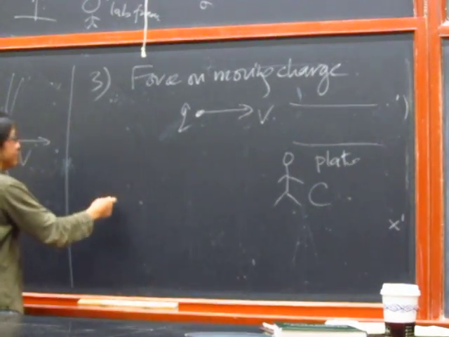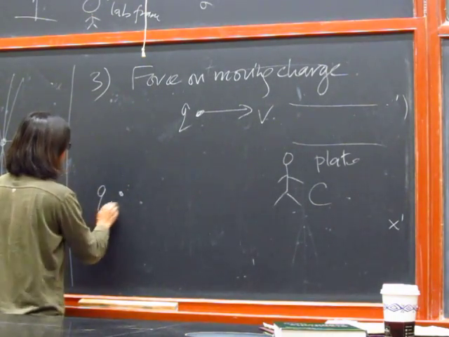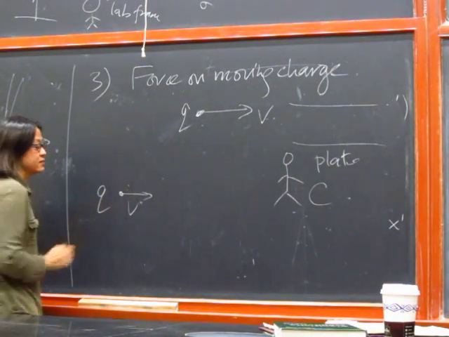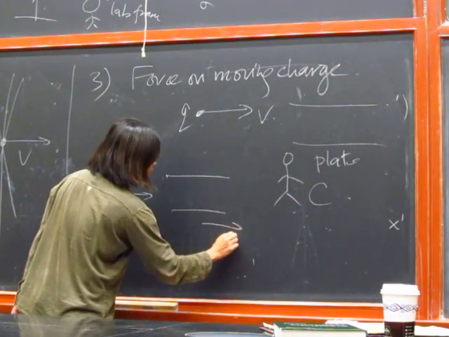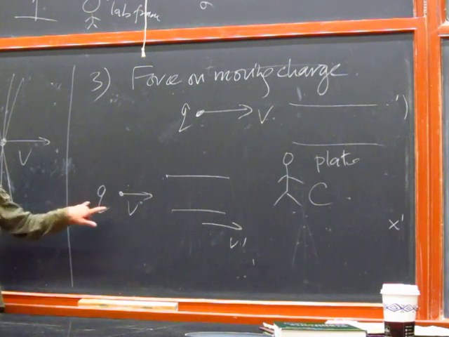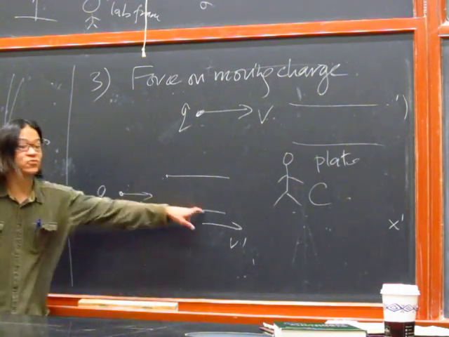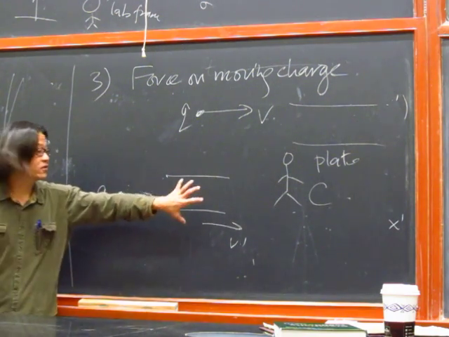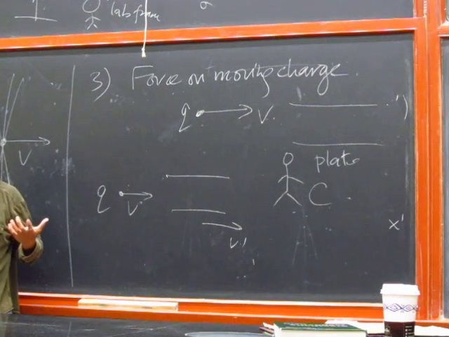Another example, you can generalize this. Again, this is Q moving at some velocity v, but I also have a parallel plate that's moving at some velocity v prime. There is a relative speed between the plate and the charge, and then you have another force.